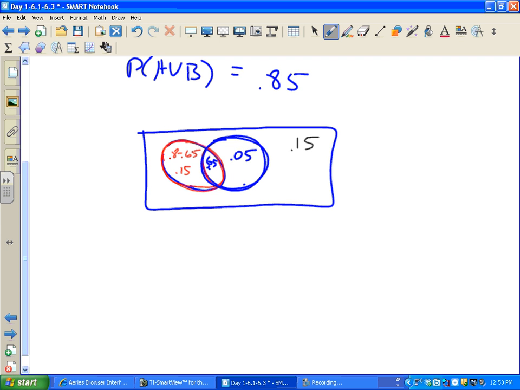Well, if 85% is on the inside, because that's my union, it should make sense that 15% is on the outside because it's either on the inside or it's a complement on the outside. Okay, so does the Venn diagram match with what we know? And can you see where I'm getting all these probabilities from?